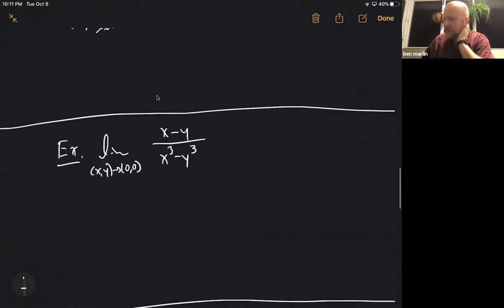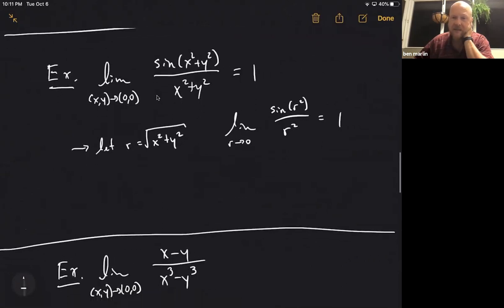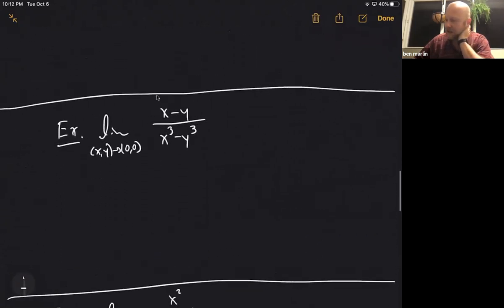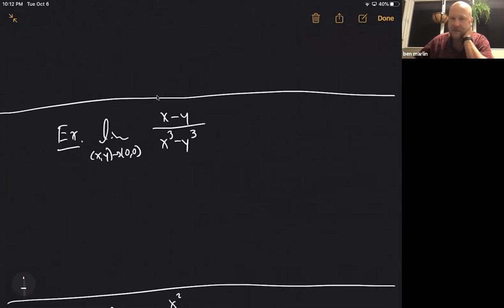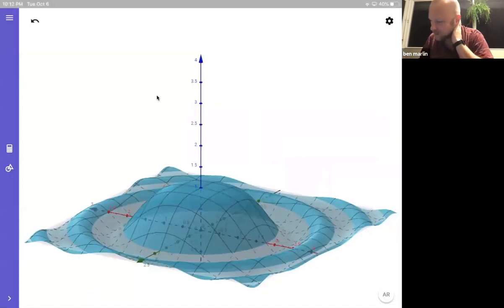Now, this next one is a little bit more painful, okay? When you plug in (0, 0) to it, just like with the one for the sine, you've got 0 divided by 0, but this 0 over 0 is going to behave a little bit differently. So I'm going to come over here to my graph.